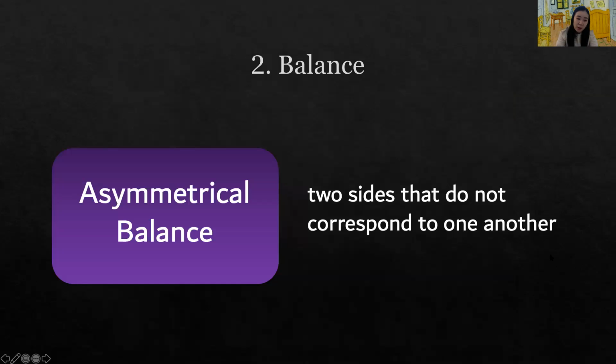And now let's see asymmetrical balance. Asymmetrical balance is when two sides do not correspond to one another in size, shape, and placement.